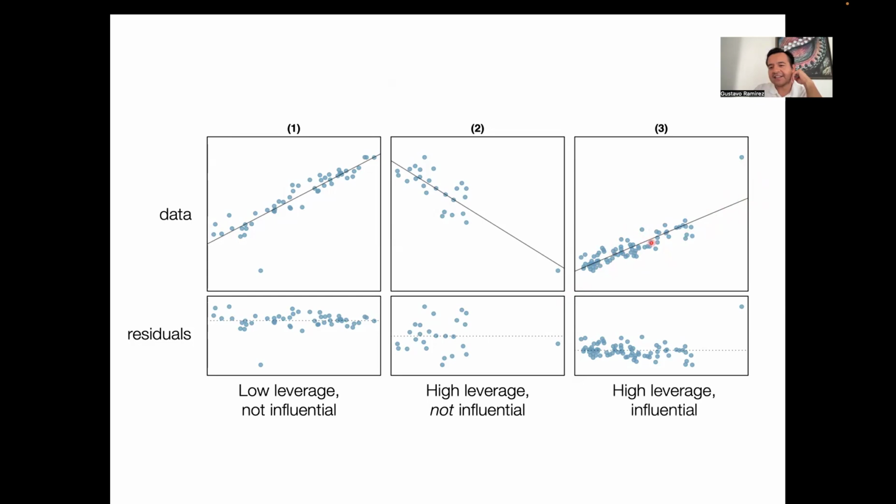In that case, you would have a high leverage and influential data point. A point like this can really throw off your estimation of the true slope and drag it towards itself, or leverage it towards itself, right? And that's what we mean by high leverage and influential.